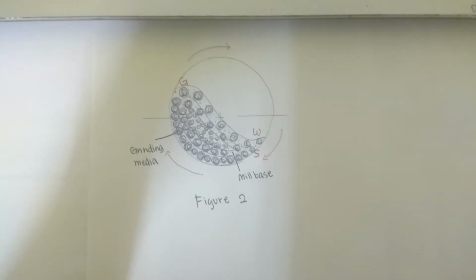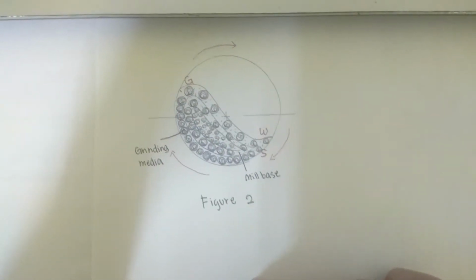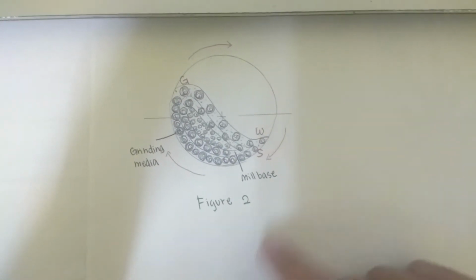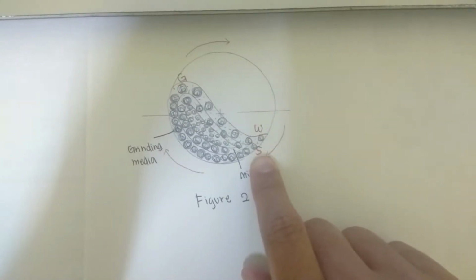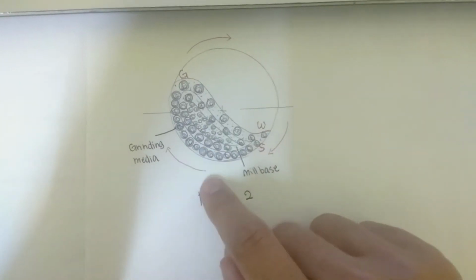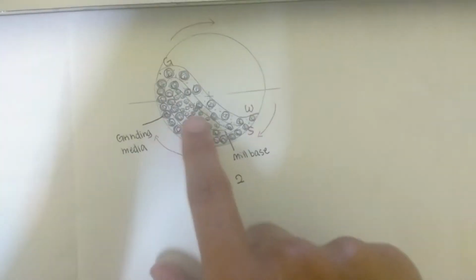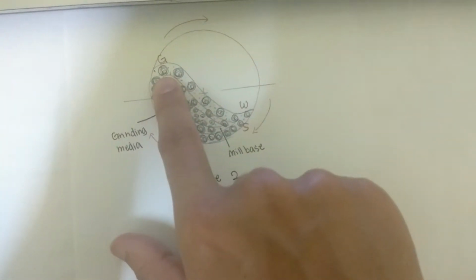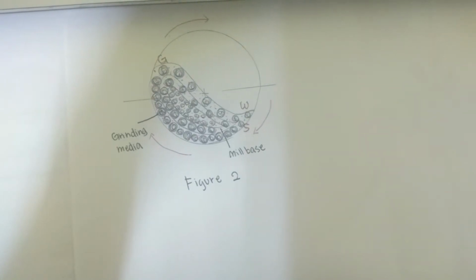This is Figure 2. At the critical speed, the balls in the layer next to the shell start from rest at point S and cling to the shell without revolving or rolling. These balls are held at rest by centrifugal force until they reach point G, the location of which depends on the speed of rotation.